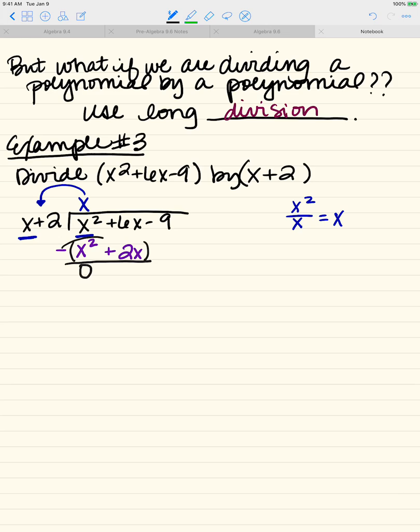So this negative needs to come into here. It's as if we're multiplying everything by negative 1. So we get 6x minus 2x is a positive 4x. Just like in long division, we now bring down the next term. Here comes 4x minus 9.